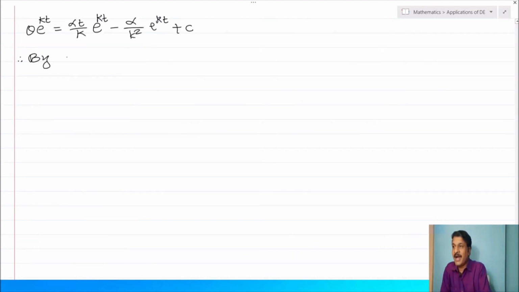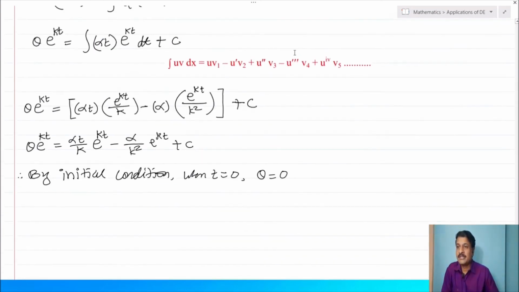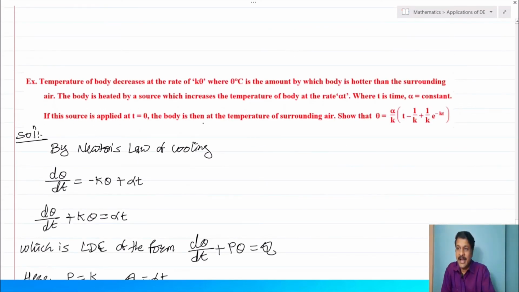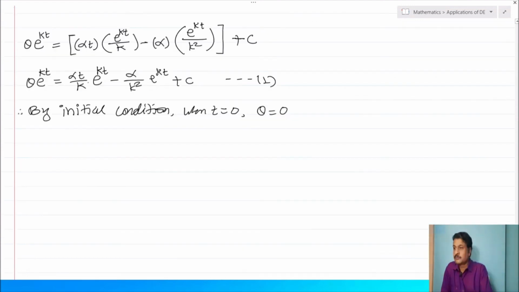Therefore, by the initial condition, when t = 0, θ = 0 degrees Celsius, because the temperature of this body is that of the surrounding air. So substitute these values in equation 1. θ = 0, t = 0, so 0 minus α/k² and e^0 is 1, plus c. This implies that c = α/k².